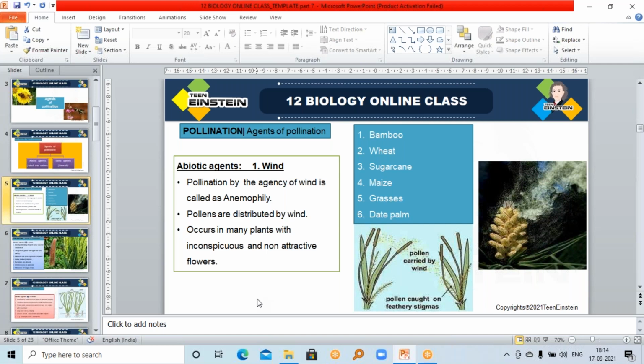Examples are bamboo, wheat, sugarcane, maize, grass, date palm. In all these, the pollinating agent is wind. Wind pollination is taking place in the case of these plants. All these are wind pollinated plants.